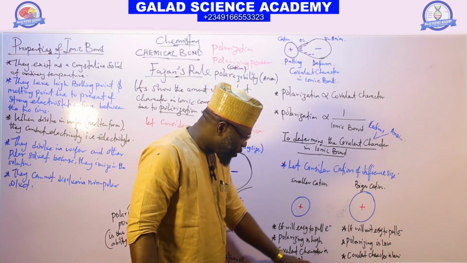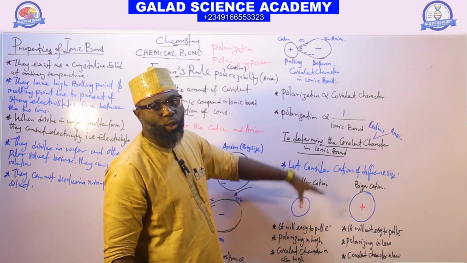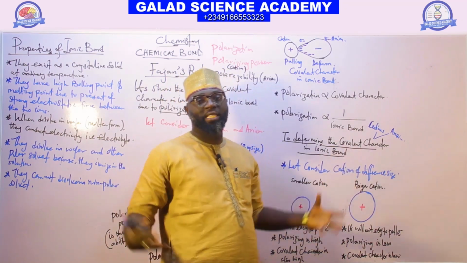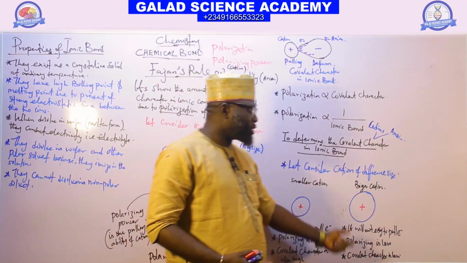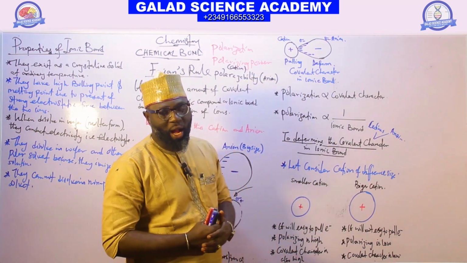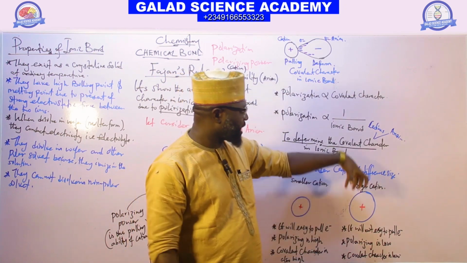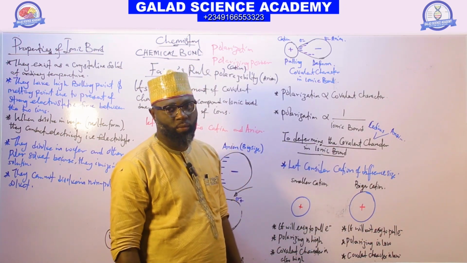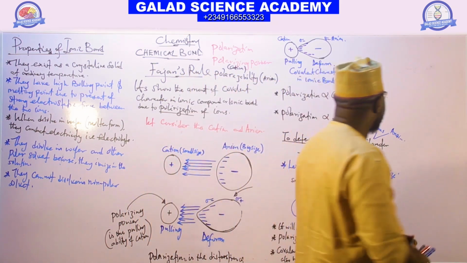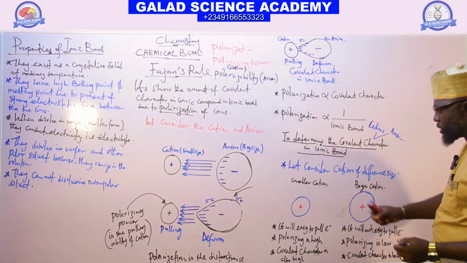Then the covalent character in it will also be high. Compared to the cation with big size, we experience the weak polarizing power, and the covalent character in it will also be low.